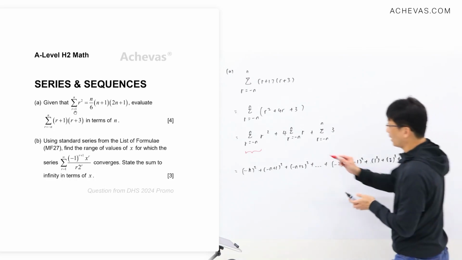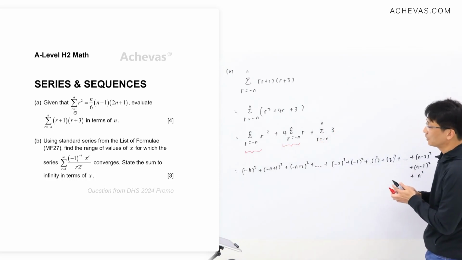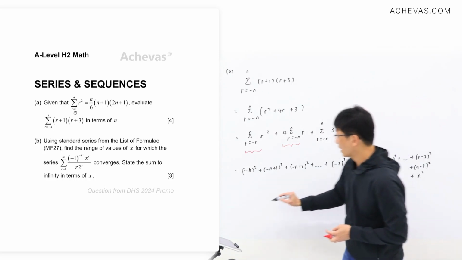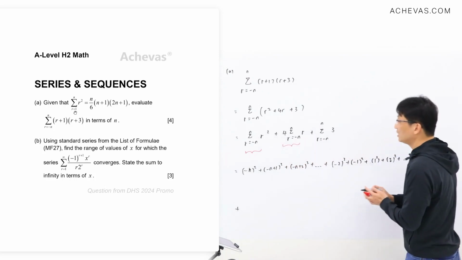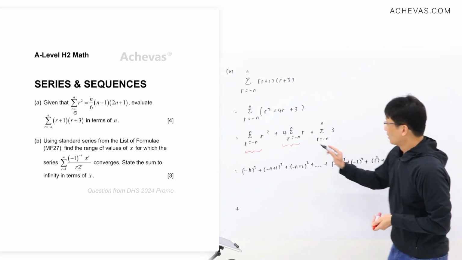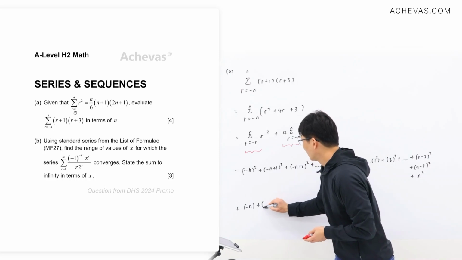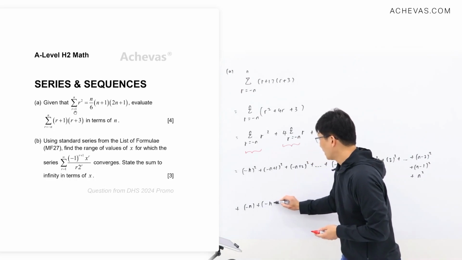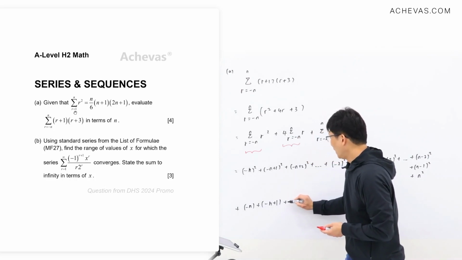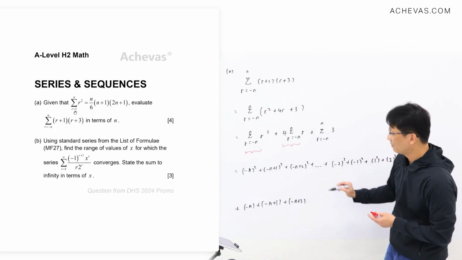If you were to put in the first few terms for the linear part, let me write another row. Take note that this is everything together at the same time. First term is minus n, second term is minus n plus 1, and third term is minus n plus 2. It looks similar to this, except there's no square.